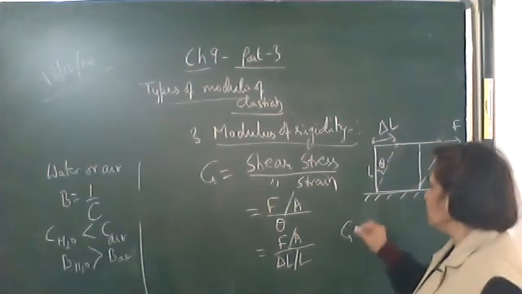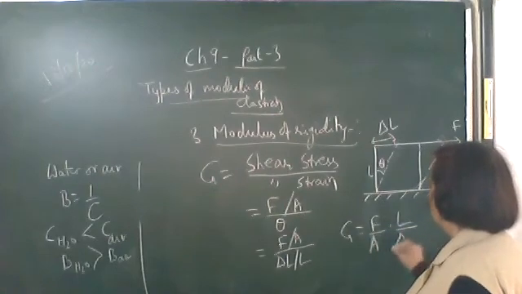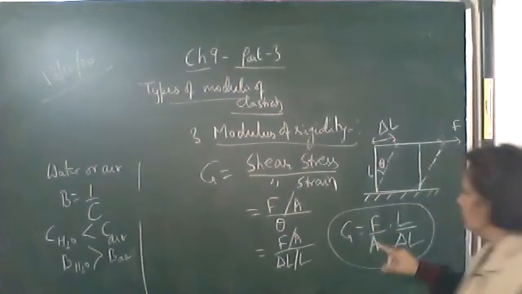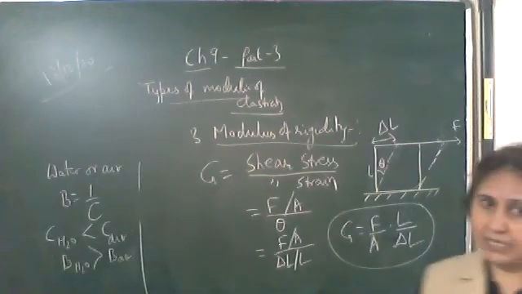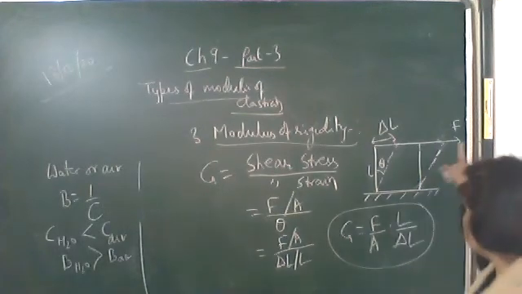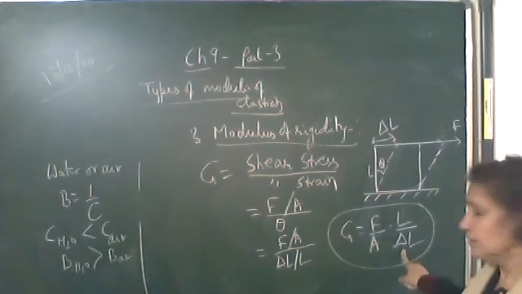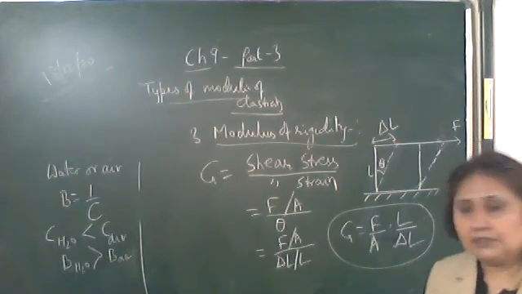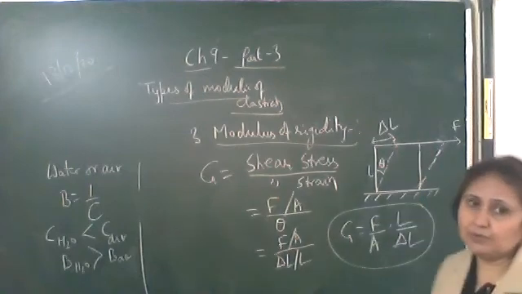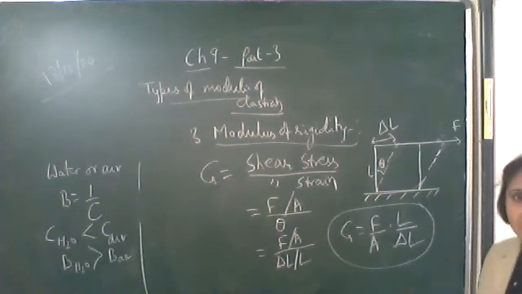So G here is equal to force upon area into L upon delta L. Here the area will be the area of the upper face of the cube. Force is this tangential force which is applied externally. L is the side of the cube and delta L is the small distance by which it is shifted.